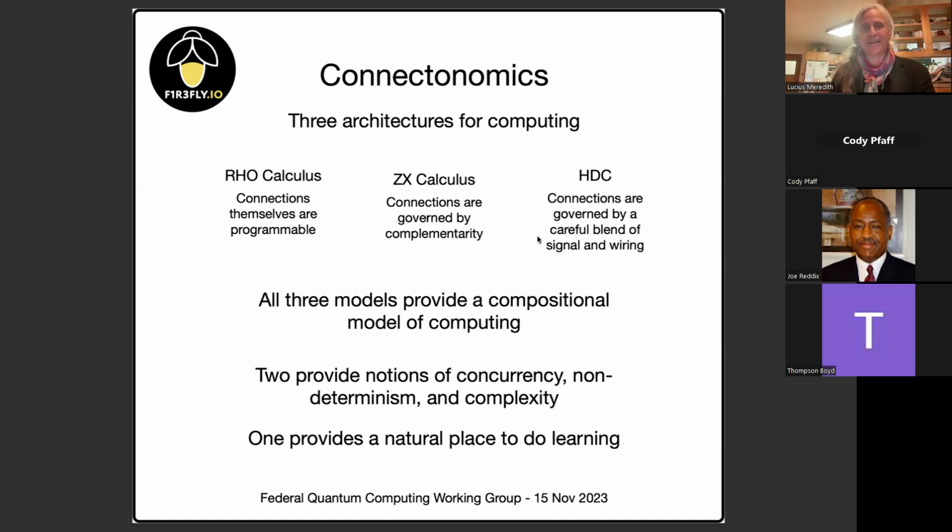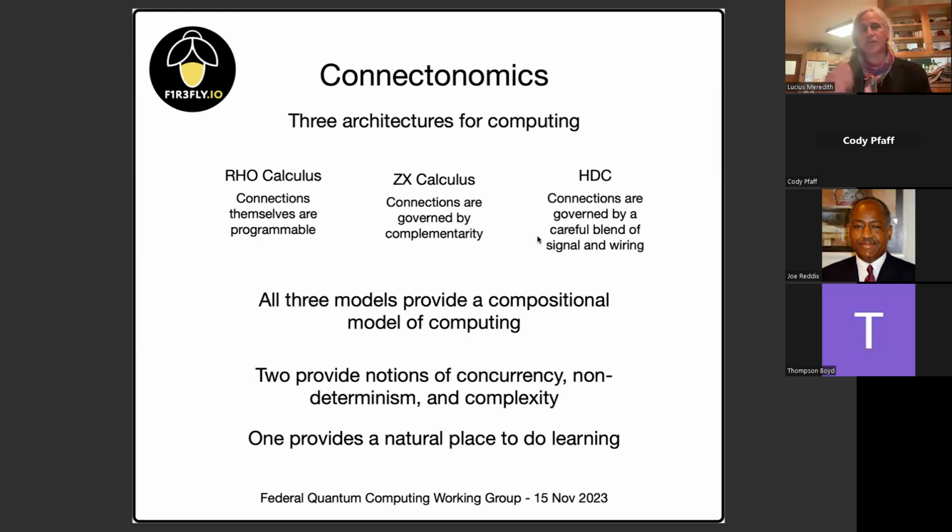The ZX calculus is very much organized around quantum computing and has lots of applications in quantum computing. And the other two were not originally designed for that, but it turns out that a lot of the intuitions in the ZX calculus can be pushed out to those two because they're so focused on connections.